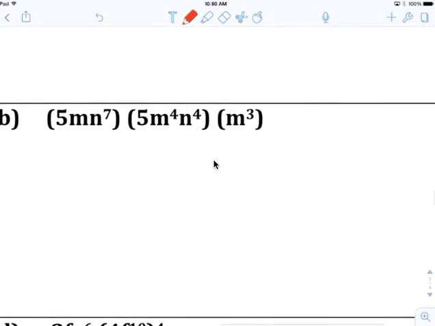Now here, there's no exponent on the outside, so all we're doing is multiplying. It'll help you if you just put multiplication in between. Okay, 5 and 5, of course, is 25, or 5 to the 2nd power. You can just put 25 because it's easy to multiply.